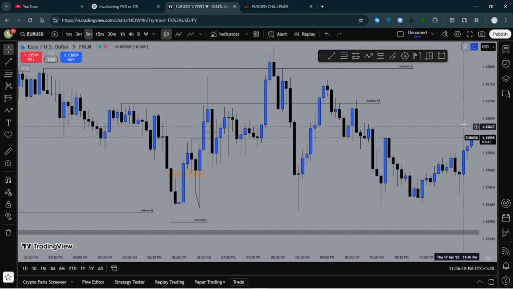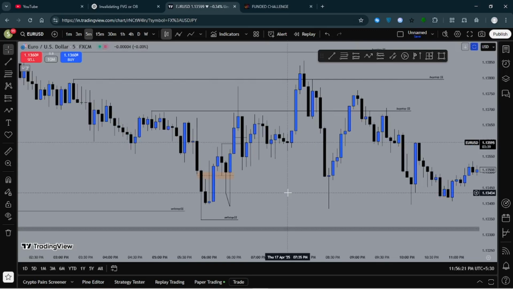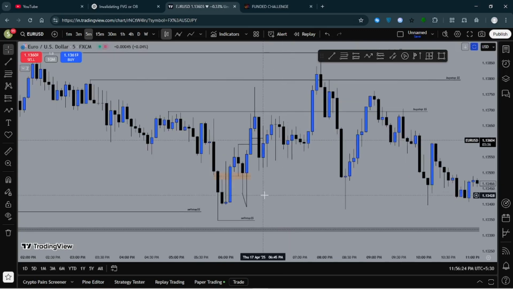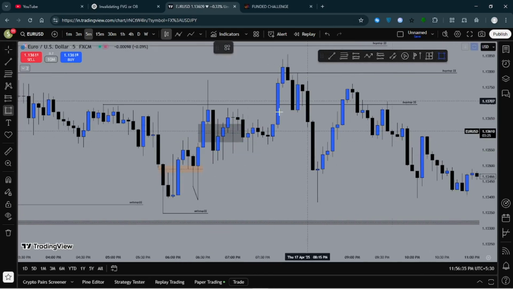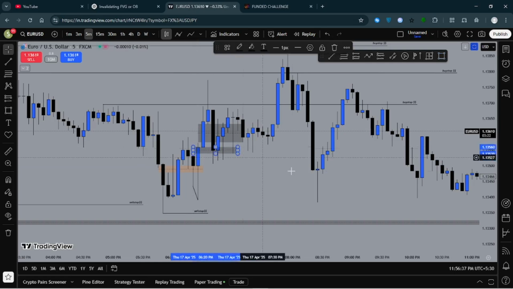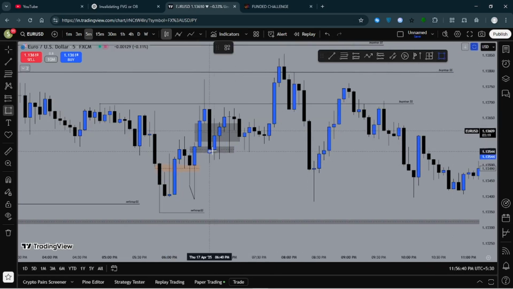Exactly. So if I want to take a trade here for the sell side, I would like to see more displacement. That means I want to see this fair value gap get run through, and then this fair value gap also get run through. I want to see nice big candles forming and forming fair value gaps as well, because I cannot consider a displacement without a fair value gap.